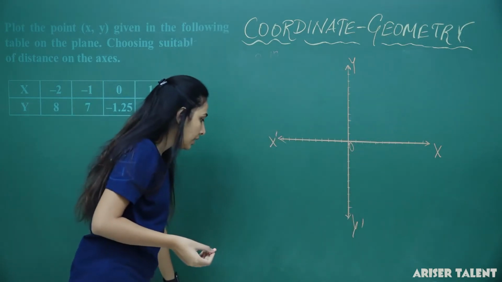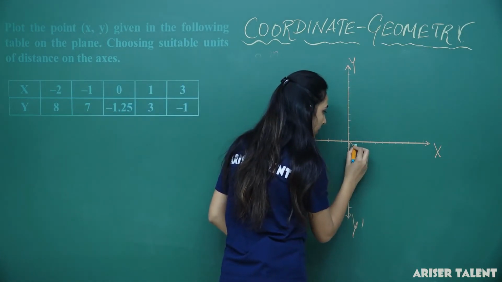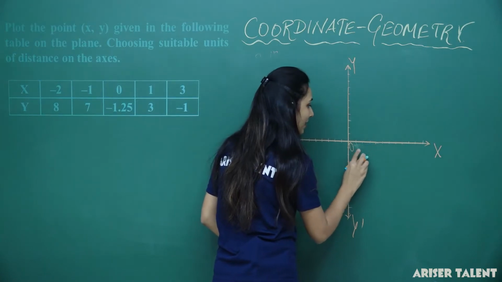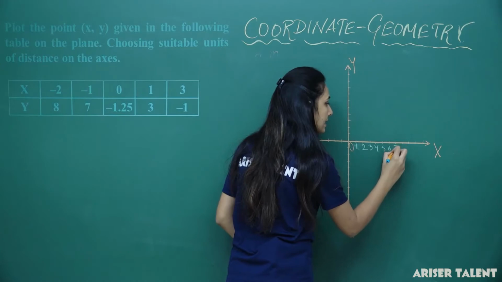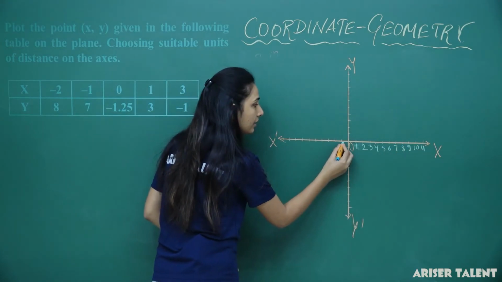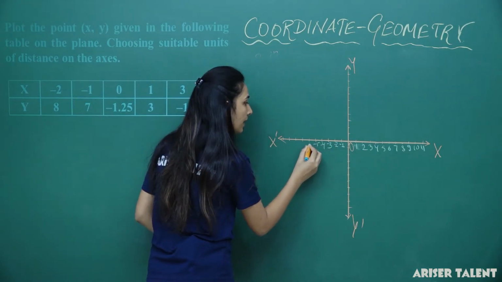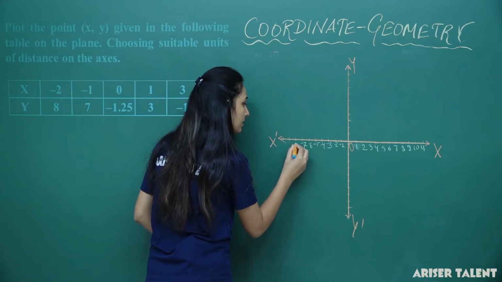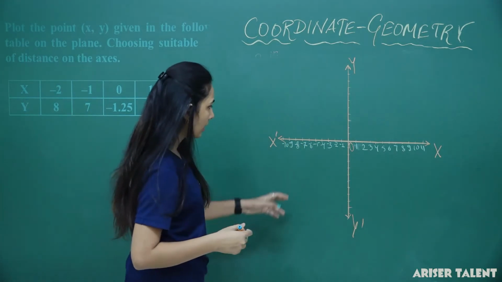So this is it. Now you can mark it also like, sorry it is not -1 here, 1, 2, 3, 4, 5, 6, 7, 8, 9 and 10 and then 11. Here -1, -2, -3, -4, -5, -6, -7, -8, -9, -10. Okay. So here it is.